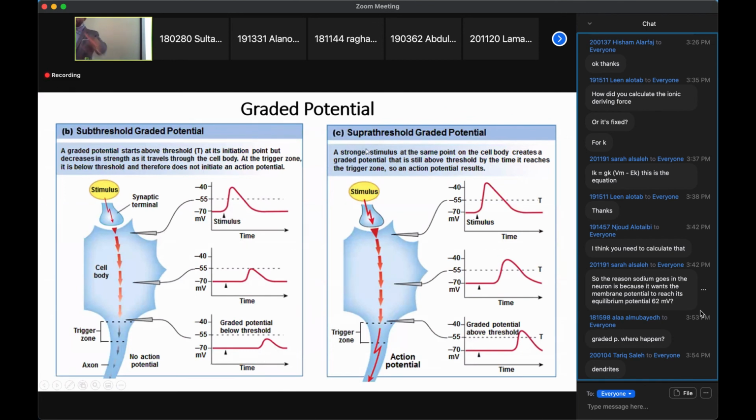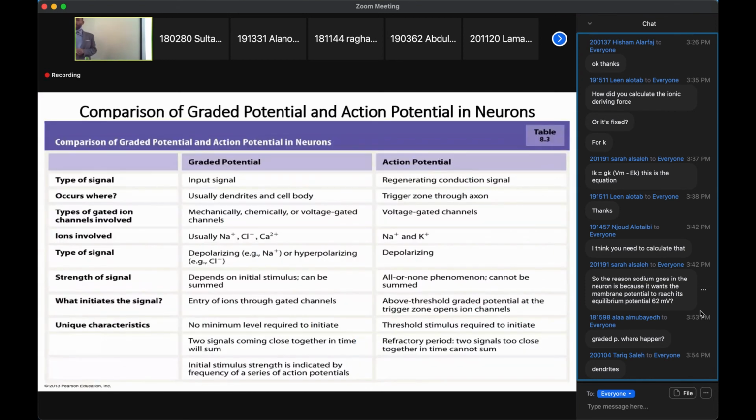Whereas in this case, it's suprathreshold, where the stimulus was big, leading to a bigger graded potential, reaching the trigger zone, and the trigger zone reached the threshold for the voltage-gated sodium channels to open. Thus, we will have an action potential. Okay?